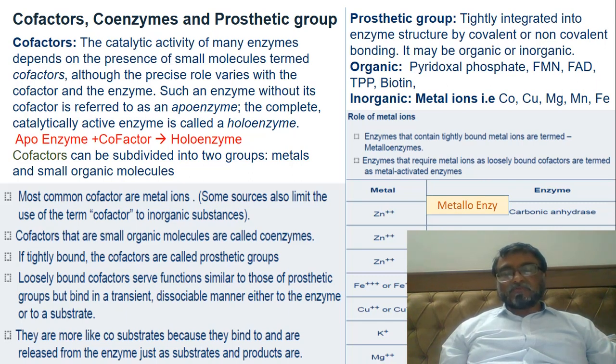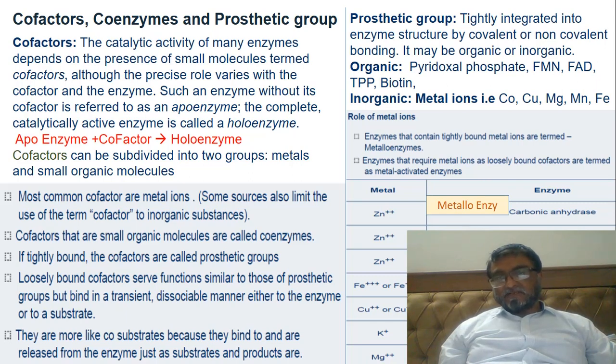You can see most of these are water-soluble vitamins. In the form of inorganic metal ions, copper, cobalt, magnesium, manganese, ferrous, and a lot more can be used. The table below provides a brief about what kind of metal ions are combined with different types of enzymes.